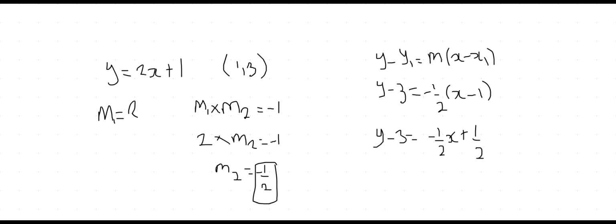And then since we want it in the form y equals, we move the -3 to the right-hand side. And once we do that, since it's crossing the equal sign, it becomes positive on the other side.